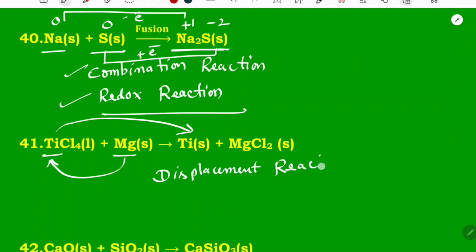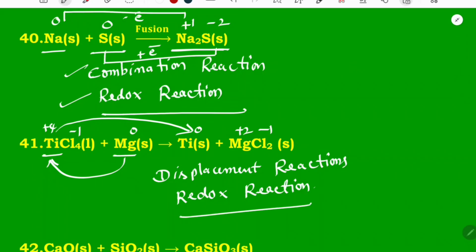At the same time, all displacement reactions are redox reactions. You can check here -1, +2, 0, 0, and -1, +4. So this is a displacement reaction as well as a redox reaction.